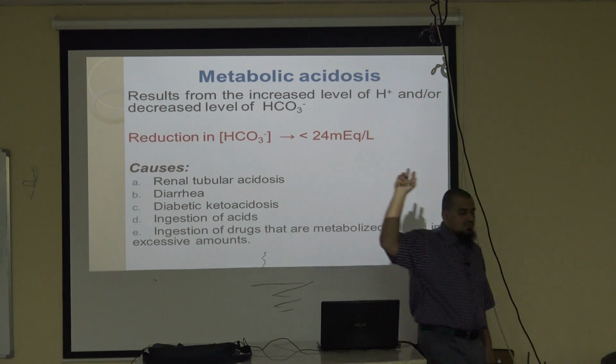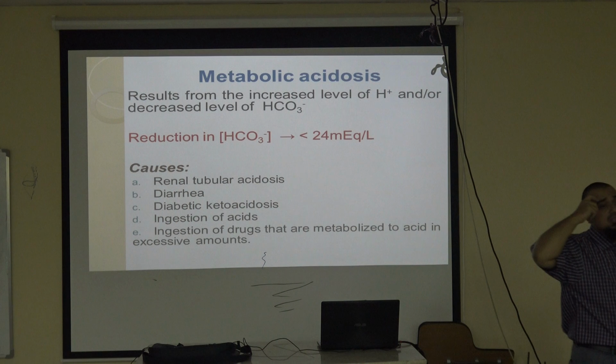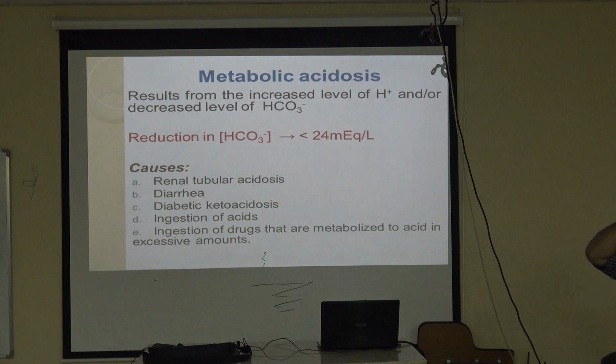So there is one word which is called renal tubular acidosis. What is this? Renal tubular. Have we done kidney? Okay. We will discuss renal tubular acidosis when we discuss the module of the kidney. Because I told you, just for the sake of the discussion, whenever you have acidosis in your blood, the kidney excretes hydrogen and reabsorbs bicarbonate.